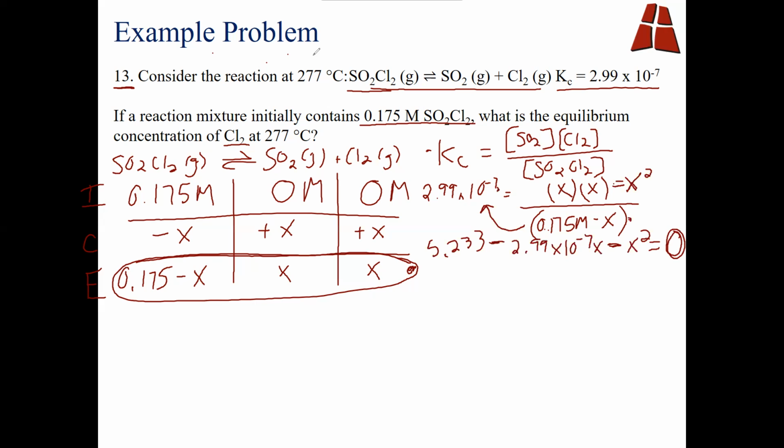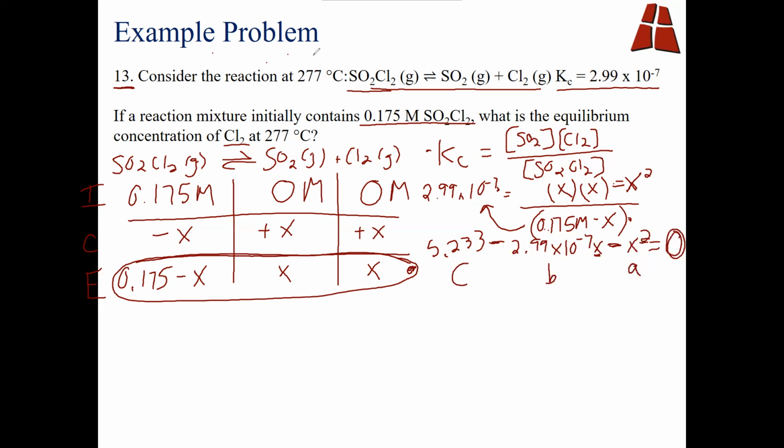And so what we've ultimately done here is create an equation that can be solved using the quadratic equation, right? Because we have an a term, a b term, and a c term, where our a term has x squared, our b term has just one x variable, and our c term has no x's in it.